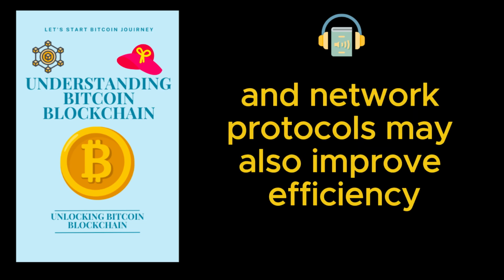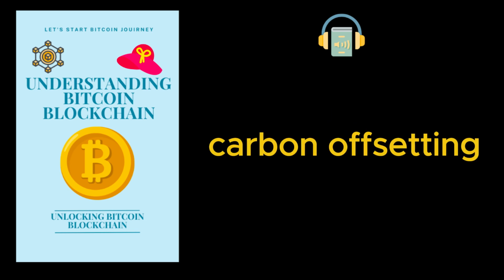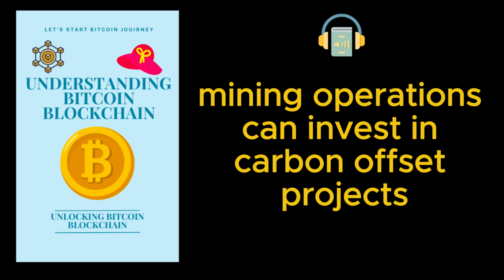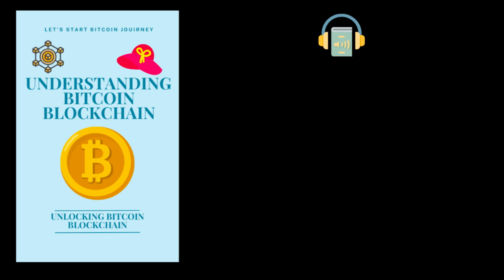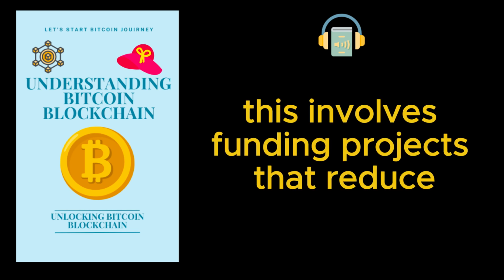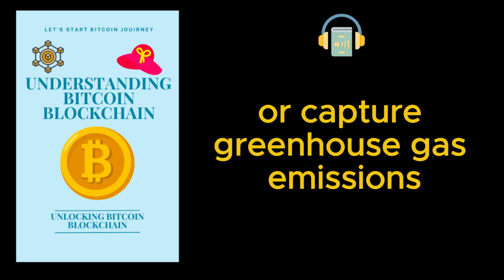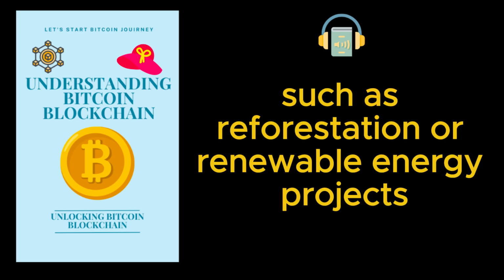Innovations in software and network protocols may also improve efficiency. Carbon offsetting. Mining operations can invest in carbon offset projects to neutralize their emissions. This involves funding projects that reduce or capture greenhouse gas emissions, such as reforestation or renewable energy projects.